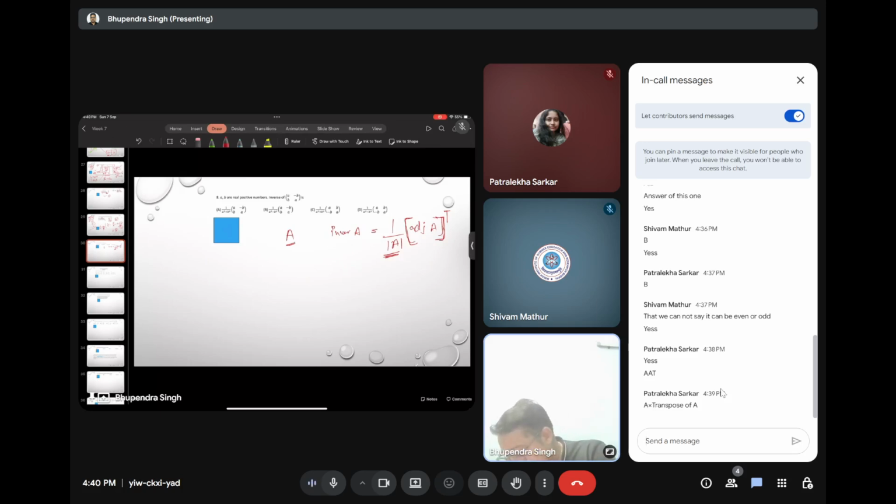So this is the formula of the inverse. Now you know how to determine the determinant. Your matrix is A, minus B, B, A. The determinant will be A into A minus minus B into B, so it will be A square plus B square. So the inverse of A will be 1 by A square plus B square, times the adjoint.